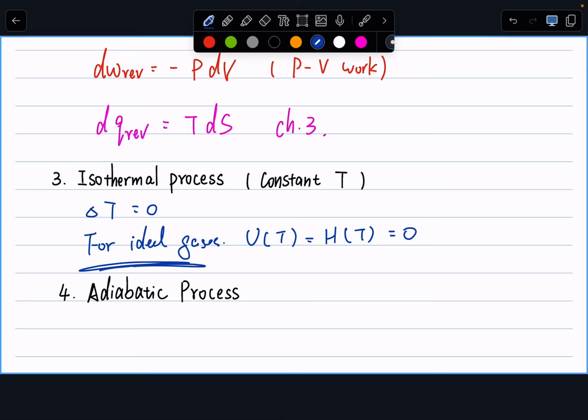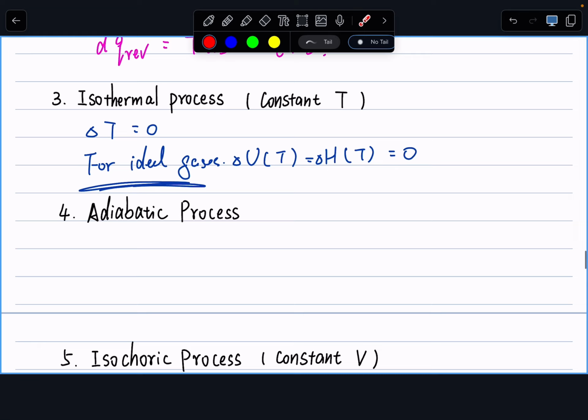But it is, again, for ideal gases only. And keep in mind, we went over the derivation that for isothermal processes, even if my total change of internal energy and enthalpy are 0, the heat transfer is not necessarily 0.